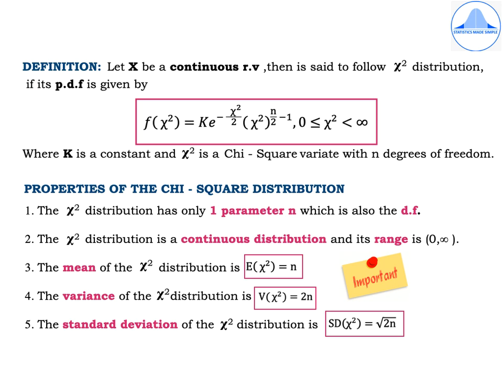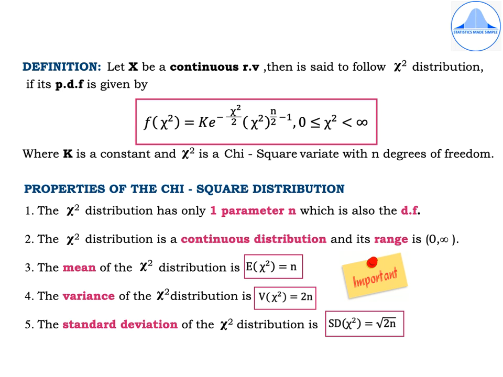E stands for expectation. And now, because we are talking about the chi-square distribution, where the PDF is entirely in terms of chi-square, the mean is no longer written as E of x. But you have to be very careful whenever you write the mean of the chi-square distribution. It is written as E of chi-square, which is equal to n.